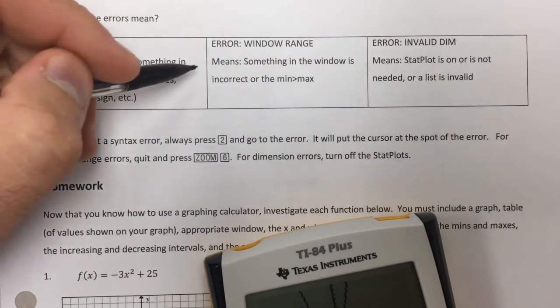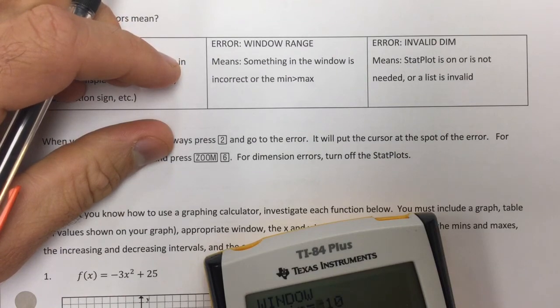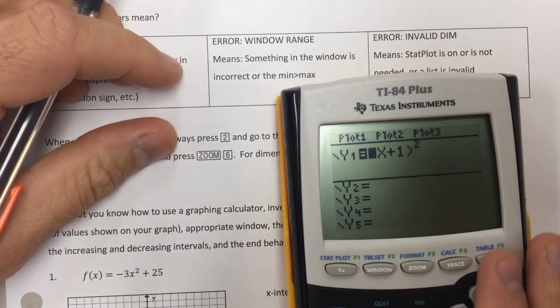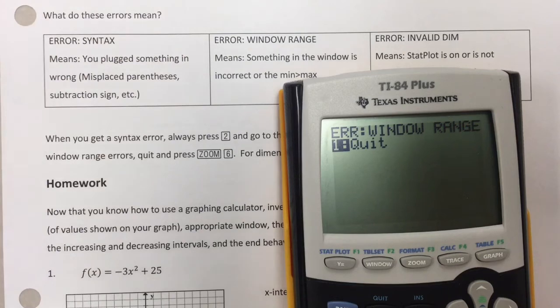The error in window range. So let's say you were trying to graph this again, and you got this error window range. Well, it doesn't give you a go-to, just press quit.